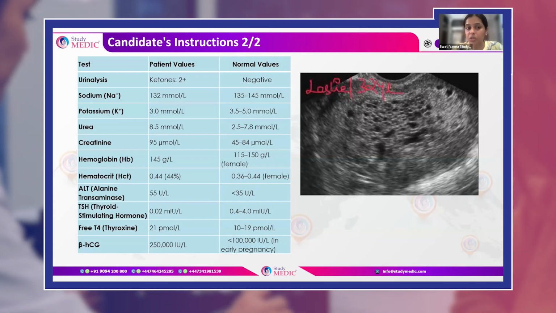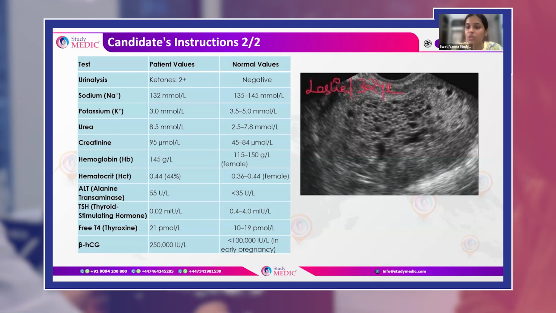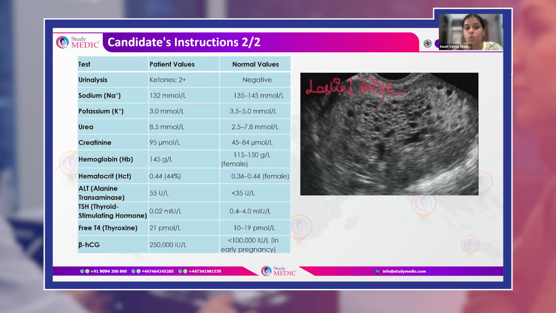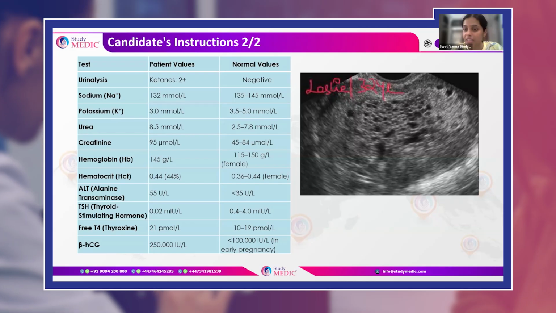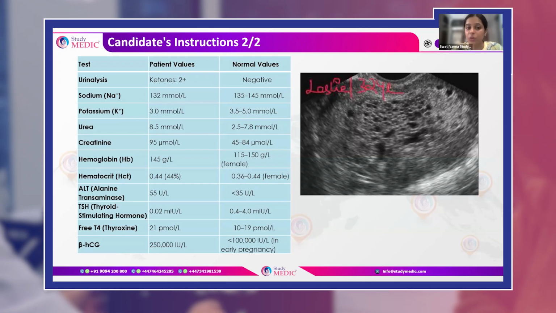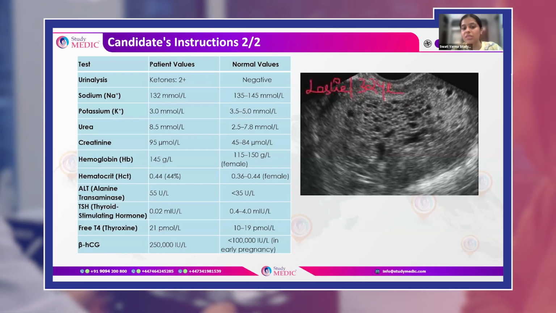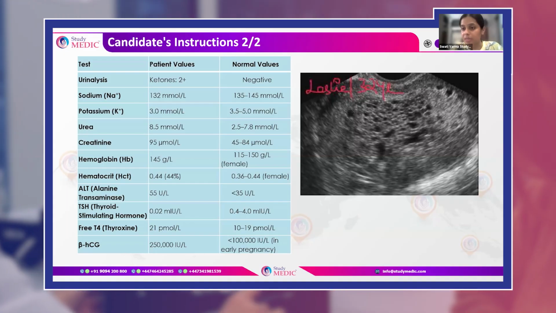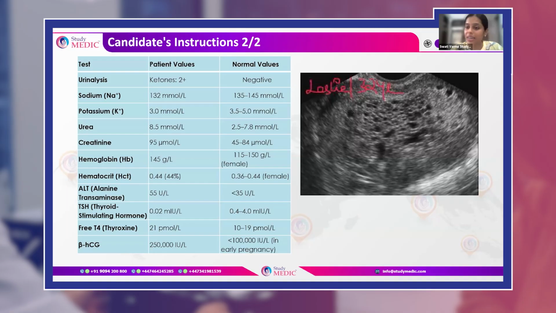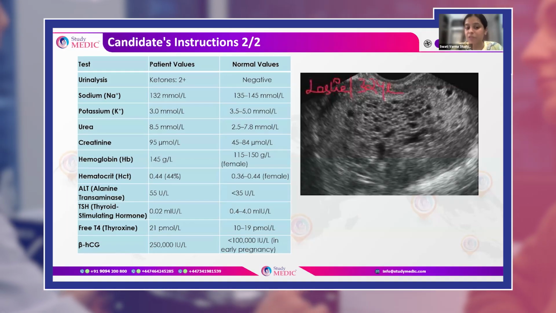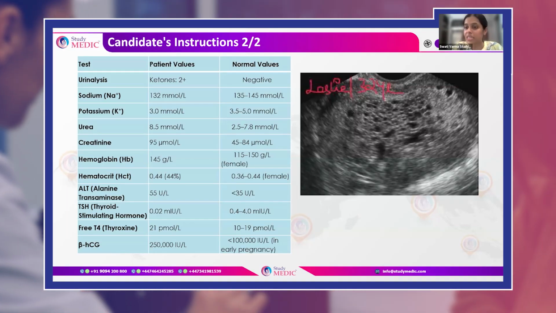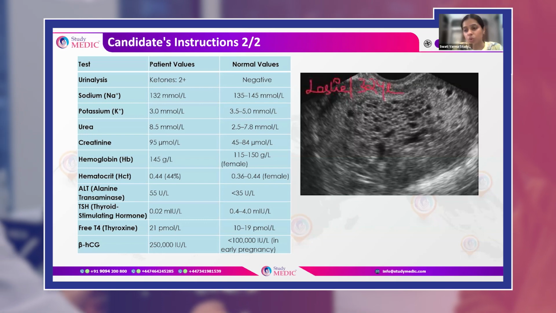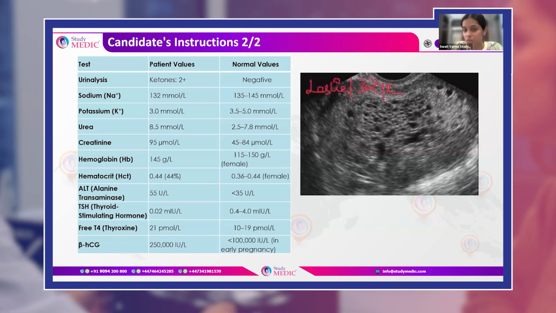Your reports are also showing that your electrolytes, that is sodium and potassium, are getting quite disturbed. You are having ketones in your urine, your blood is becoming concentrated, and it is also affecting your thyroid hormone levels. All these are related to excessive pregnancy hormone, excessive vomiting, and hence dehydration. So I would recommend to get this done as soon as possible.